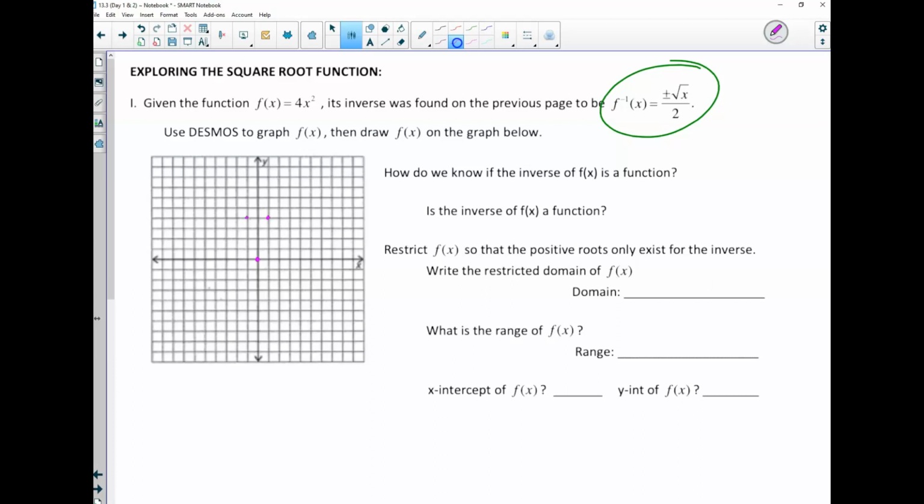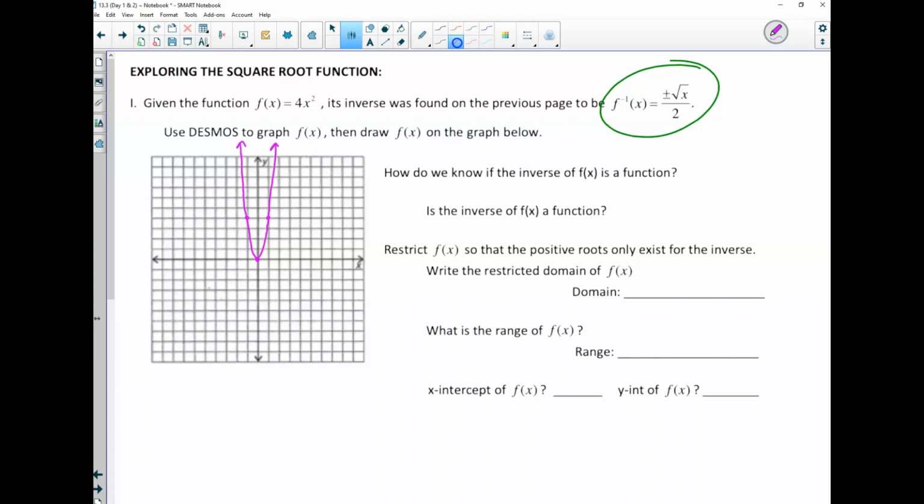Remember, I can reflect that across my axis of symmetry. Then if I put in a 2, 2 squared is 4 times 4 is 16. So this thing's going up really fast and really steep, and it's not going to be so easy to grab, but it's a skinny little bugger like that going up, okay?